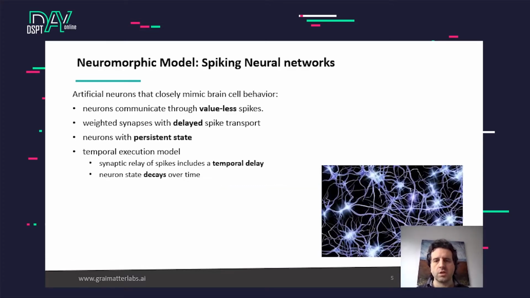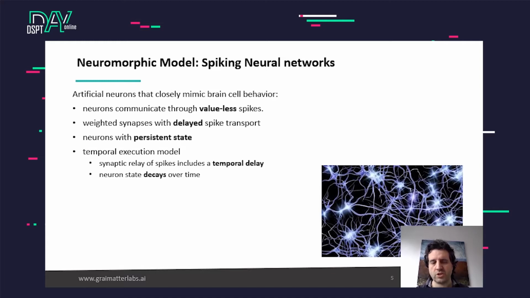The basic model typically proposed to describe the structure of processing in the brain is so-called spiking neural networks. These are networks of artificial neurons that mimic the brain cell behavior. What they do is that they communicate with each other through valueless spikes. This is different from our typical artificial neural networks that transport values through the synapses.